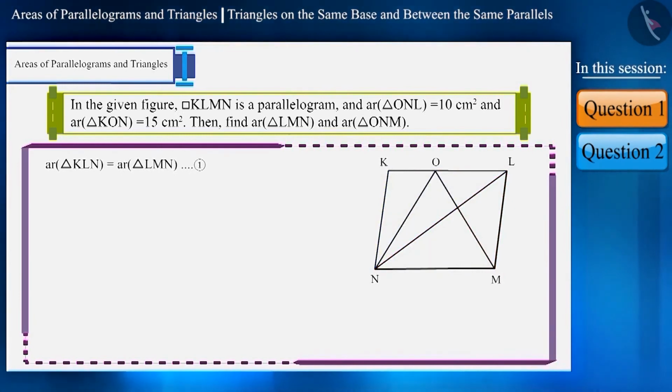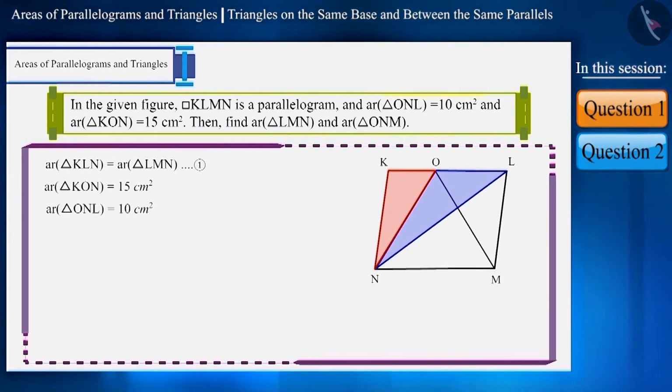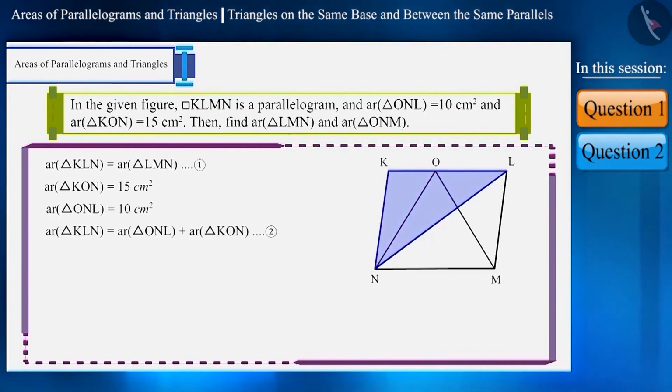By looking at the figure, you can say that triangle KLN is made of triangles KON and ONL combined together. And we know the areas of triangles KON and ONL. Therefore, by adding the areas of these two triangles, we get the area of triangle KLN.